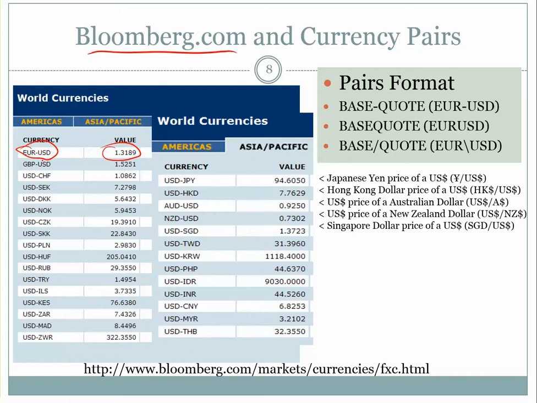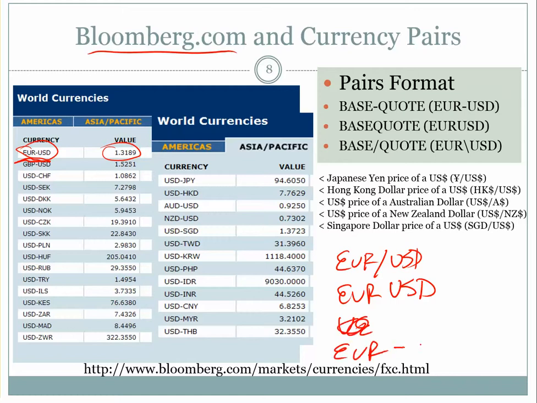The way you interpret codes is you might see EUR/USD, or EUR USD without a slash, or EUR-USD. The way you interpret this is it's always the price of the first code quoted in terms of the second code.